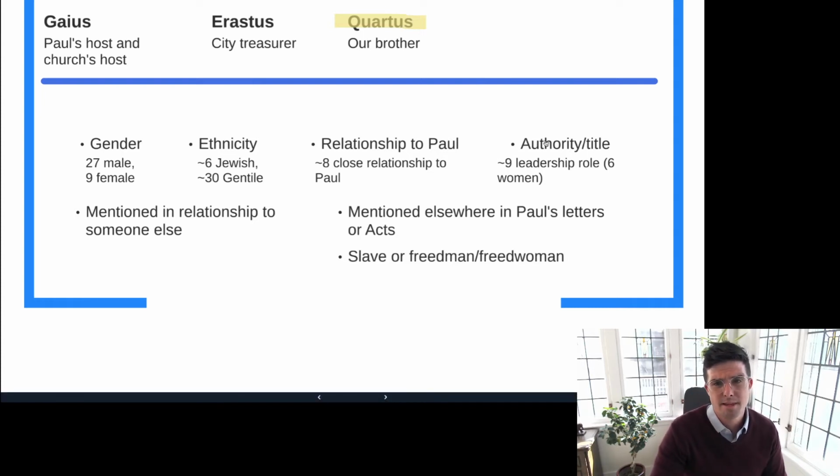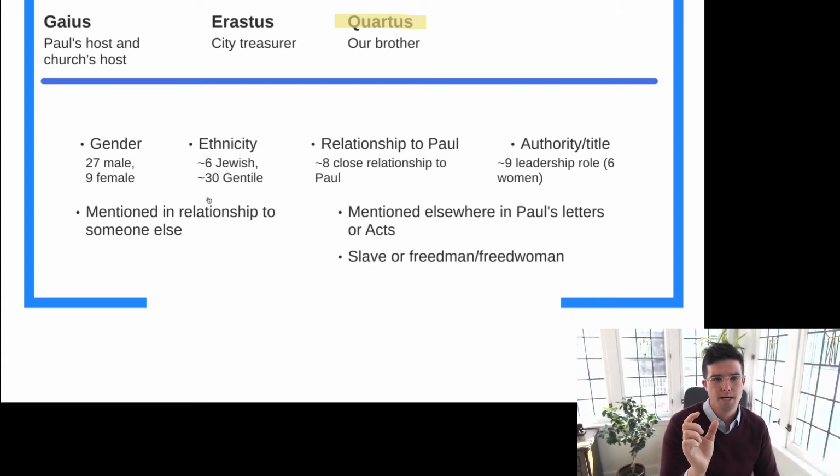Based on some of the other information, based on the ethnicity of the names, and this is a bit of a sticky point because we can't directly equate a name with a certain ethnicity, there are 6 names here that are more typically Jewish names, and there are 30 names that are more typically non-Jewish names.